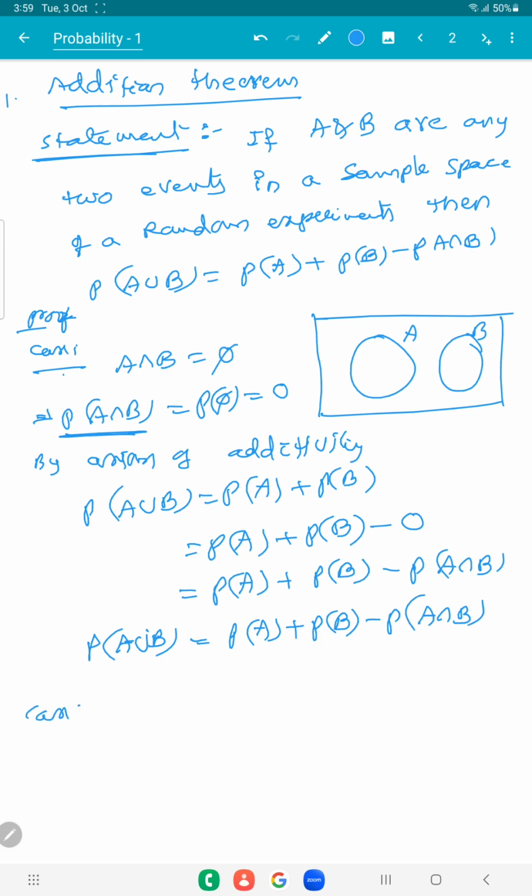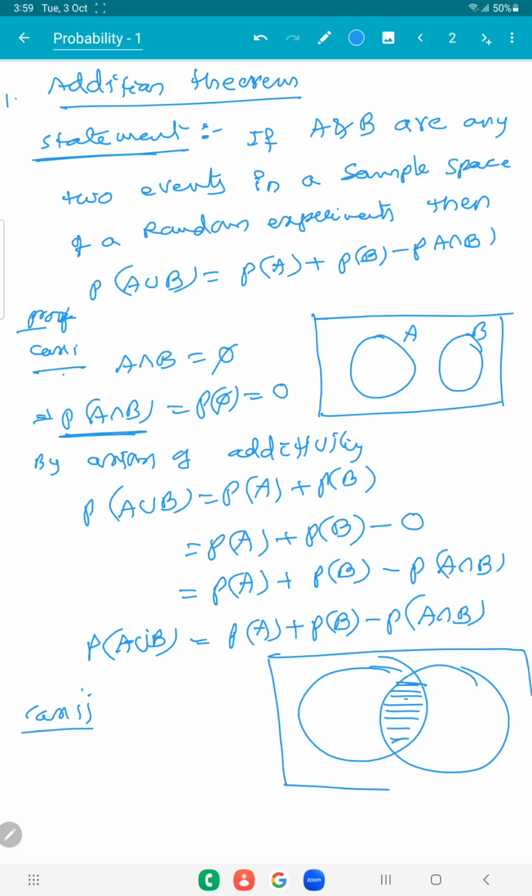Case 2 is when A intersection B is not equal to empty. When A intersection B is not empty, let this be A and this one be B. This is A intersection B, right?